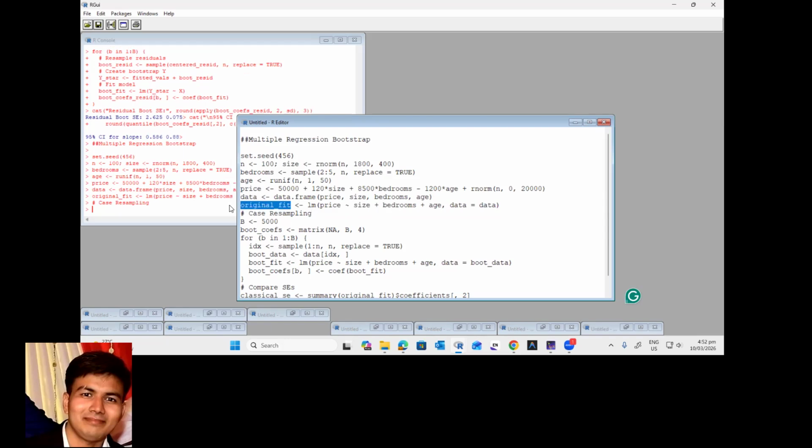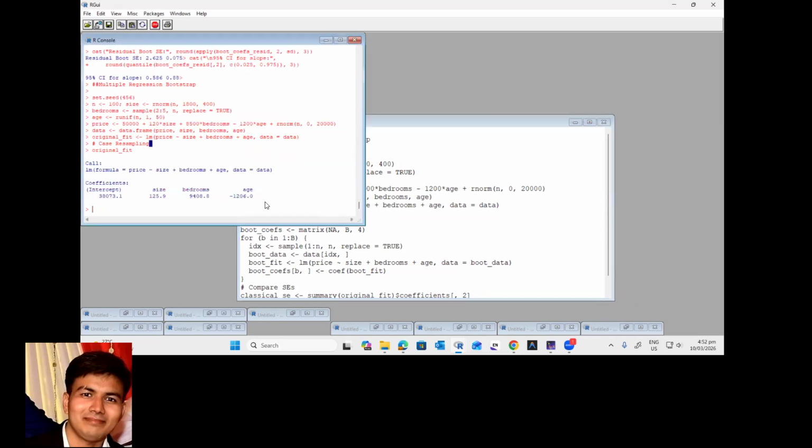In the original fit, the intercept value is 38,073. Size is 125.9. Bedrooms are 9,408.8, and with respect to age, the coefficient value is minus 1206.